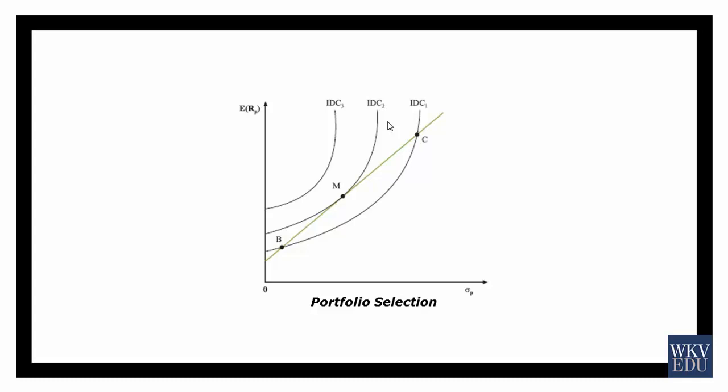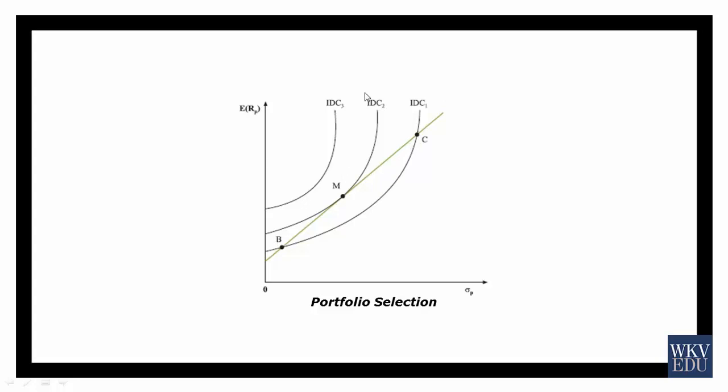Indifference curve 1 intersects the CAL at two different points, point B and point C, and both these points offer the same level of satisfaction to the investor as they lie on the same indifference curve.